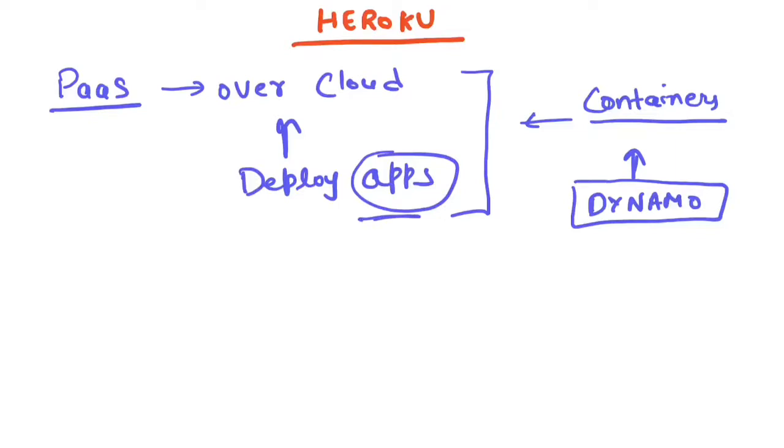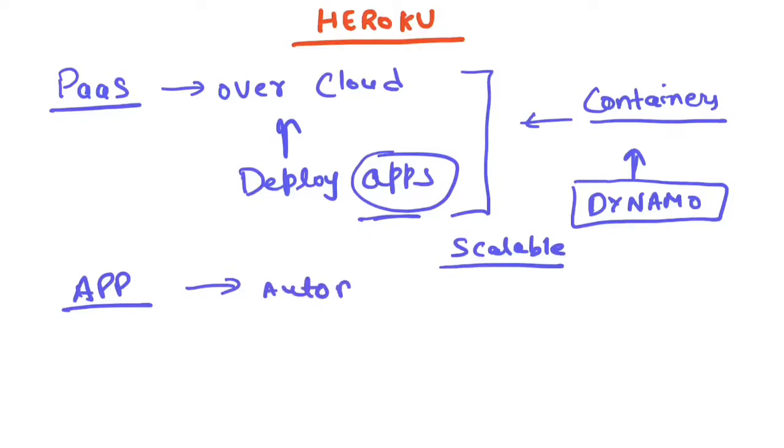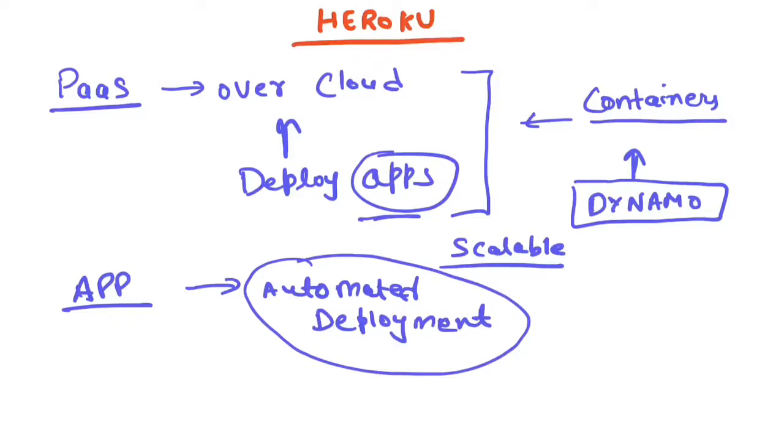So it's a scalable infrastructure which you can scale up or scale down as per the need changes over a period of time. So this is how Heroku works. Now let's say you have an app and you want to deploy it on Dynos or containers. So it offers automated deployments using which you just need to check in your code in GitHub or Git, and you can trigger automated deployment pipelines which will take your code from Git and deploy it over containers or Dynos.